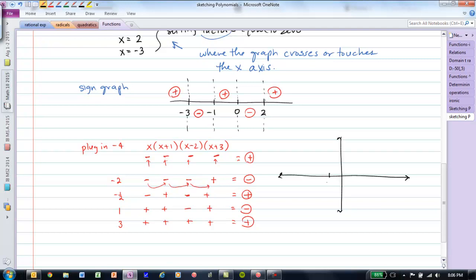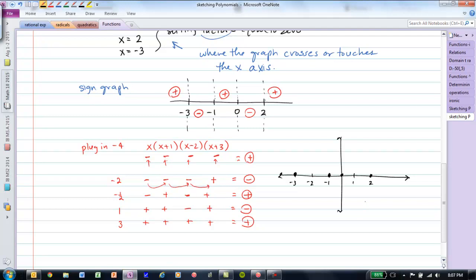So if this is -1, this would be -2, -3, 1, and 2. We know that our graph is going to go through -3. It's going to go through -1. It's going to go through 0, and it's going to go through 2.